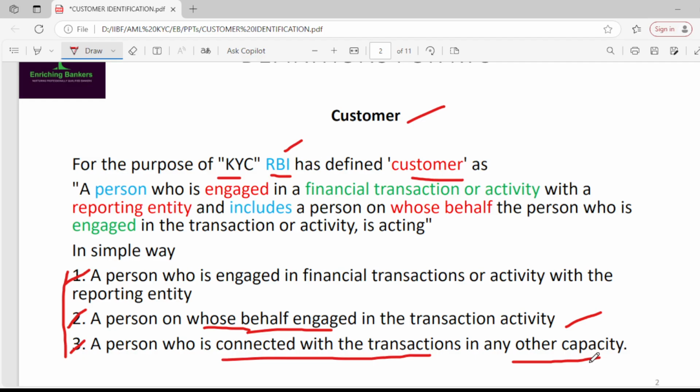One more example. Mr. B is a nominee for the deposit account of Mr. A. In that case, Mr. B is a nominee. He is connected with the transaction in another capacity. This person can also be treated as a customer according to the RBI definition.